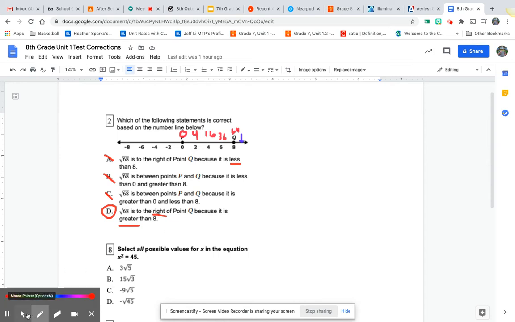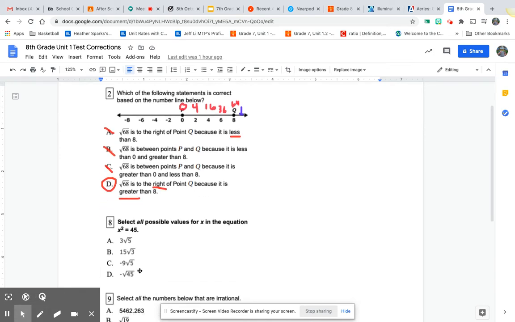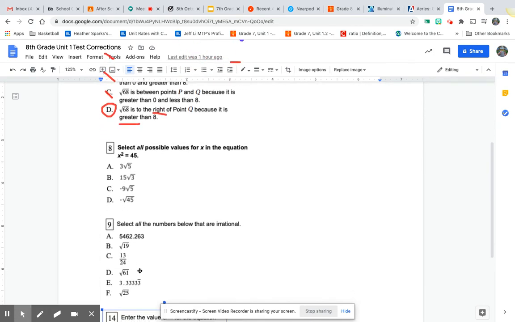All right, let's move on to question number 8 here. It says select all the possible solutions or values of x if x squared is 45. So let's take a look. I'm going to use a different pen color, this blue. So x squared equals 45.